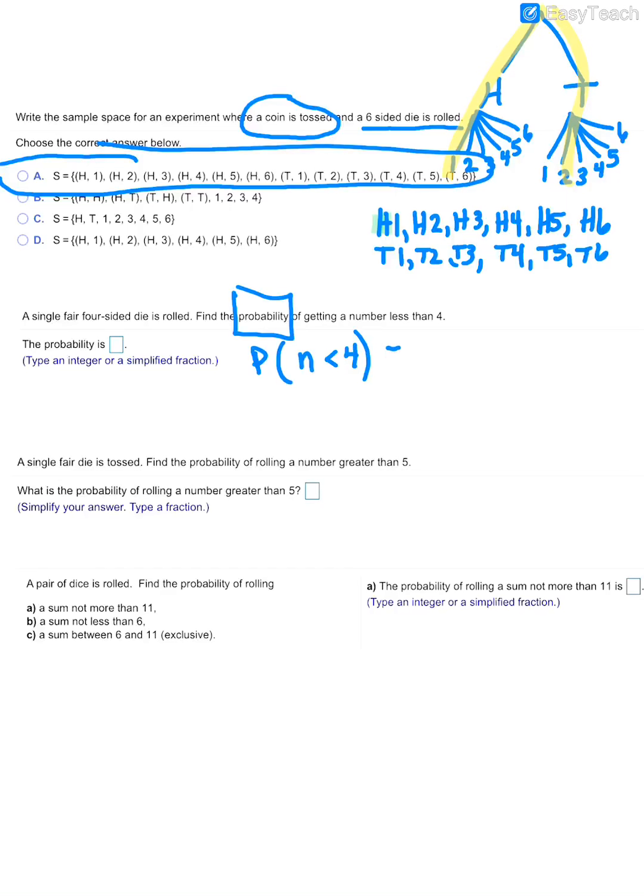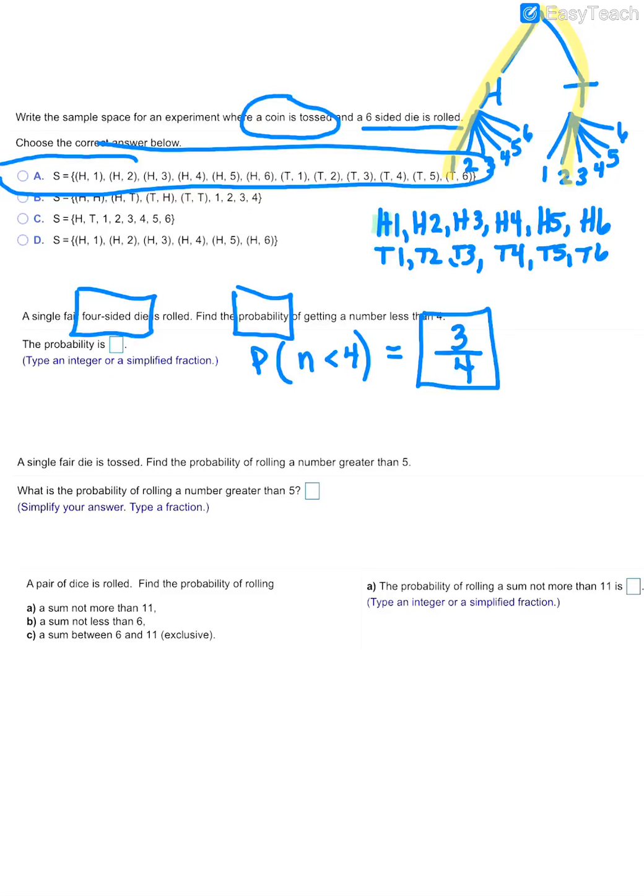So out of those, only three of those numbers would be less than 4. And then your denominator is the total number of outcomes in the sample space. So if it is a four-sided die, there would be 4 outcomes on that die. So we would say in this case the probability of a number less than 4 would be 3 out of 4.